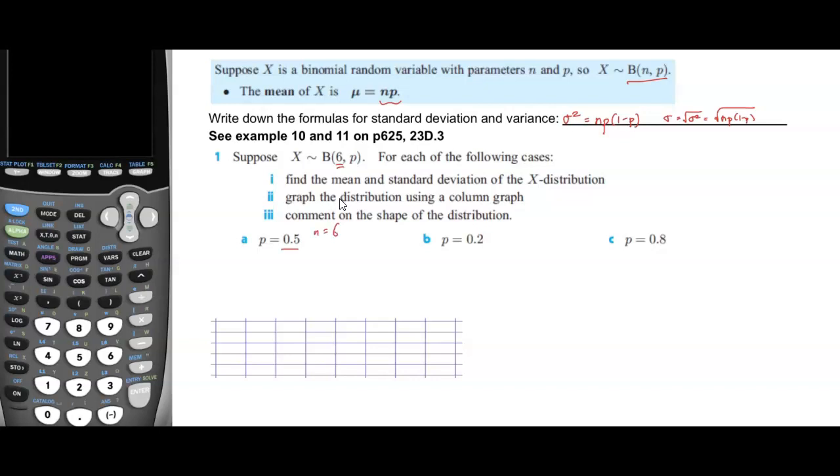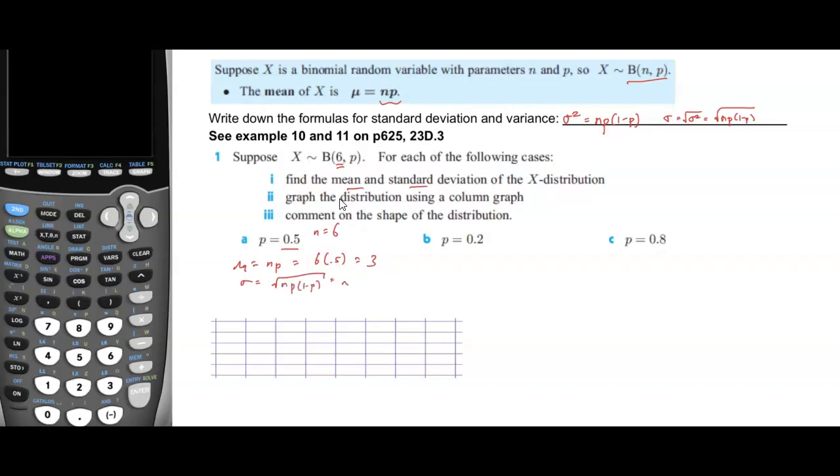in the first case, and we want to find first the mean and the standard deviation for this. That's pretty easy, right? The mean we just saw above is equal to np, so that's equal to 6 times 0.5, so the mean in this case would be 3. And the standard deviation would be the square root of np times 1 minus p.